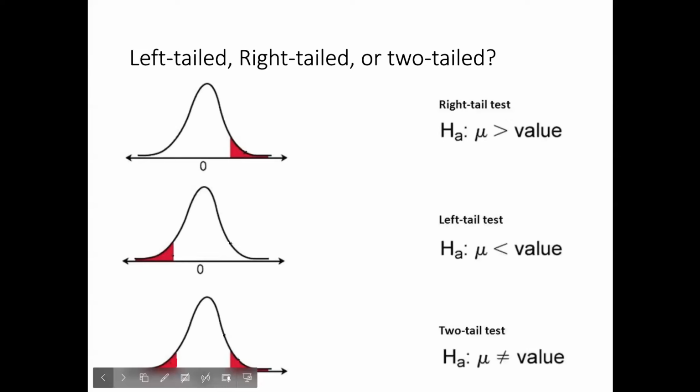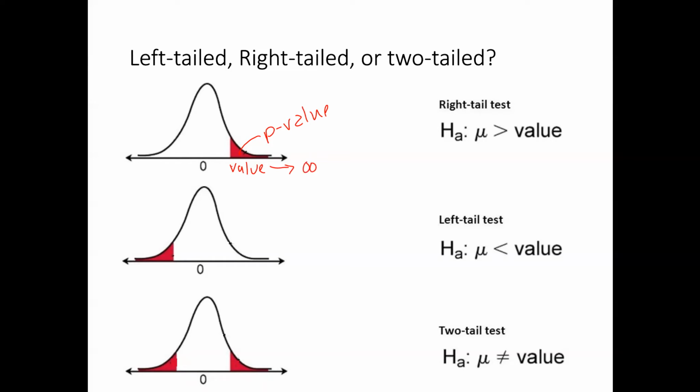Okay, so here are pictures. If my alternative hypothesis contains a statement that mu is greater than a value, that is a right-tailed test. And the p-value is this probability here. It is the area under the curve from whatever that value is to infinity.